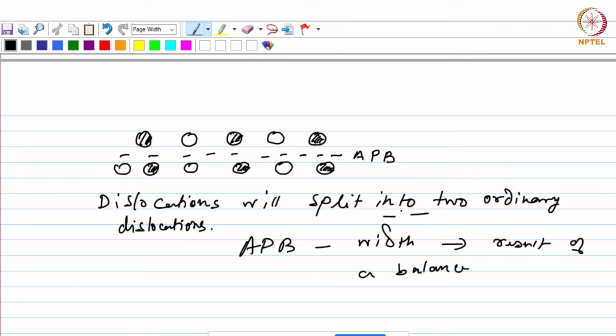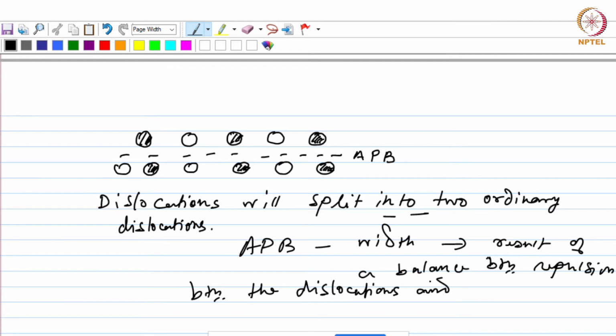Now one dislocation is split into two ordinary dislocations, and as you know, dislocations of similar sign will repel each other, and the width of the APB is a result of a balance between that repulsion force and the APB energy.